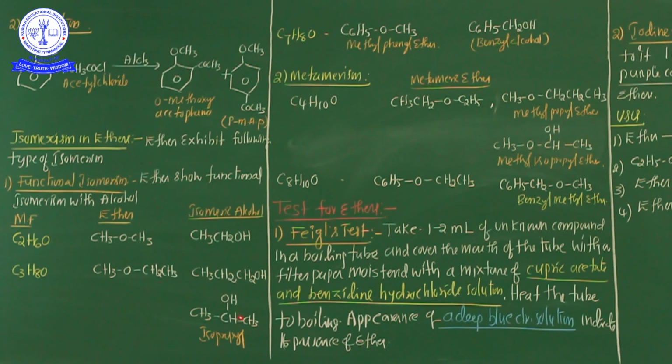After that, CH3CH2CH2OH is n-propyl alcohol, and there is also isopropyl alcohol. From the alcohol point of view, C3H8O shows two: n-propyl alcohol and isopropyl alcohol, both with the same molecular formula as the ether. So ether always shows functional isomerism with alcohol. Is it clear?